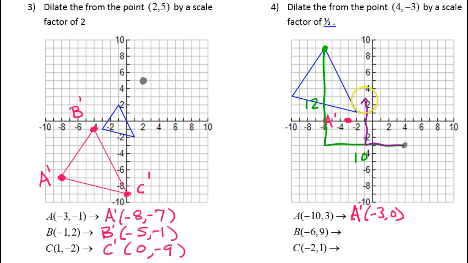So this should be my point B prime right here. I can already see how this is getting smaller. Let's clean that up so we can see point C. Oh, I almost forgot to record the coordinates of point B prime. B prime is at -1, 3.